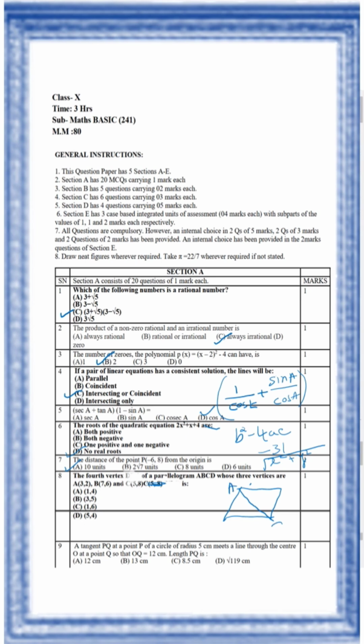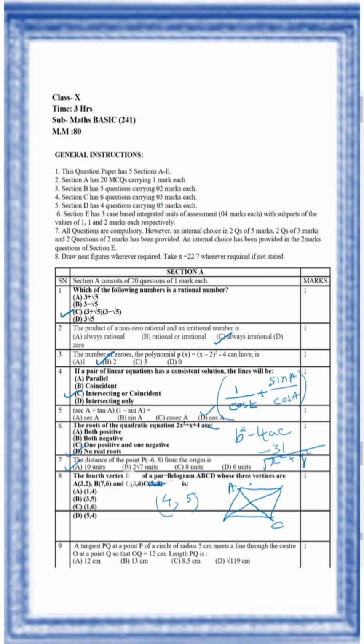You can find, isn't it? X coordinate of A is 3, C is 5, 3 plus 5 is 8, 8 by 2 is 4, 2 plus 8 is 10, 10 by 2 is 5. So the midpoint of AC is 4, 5.